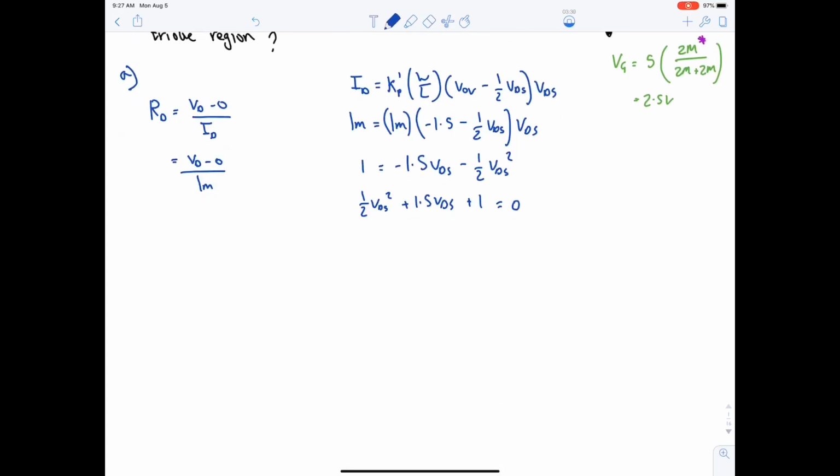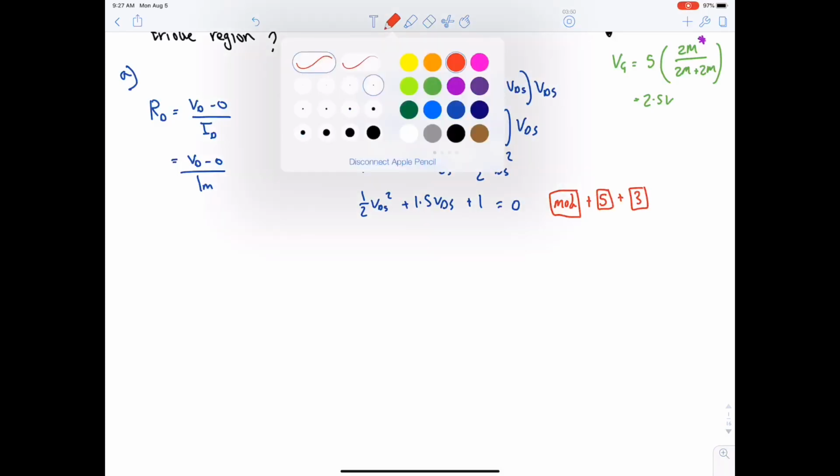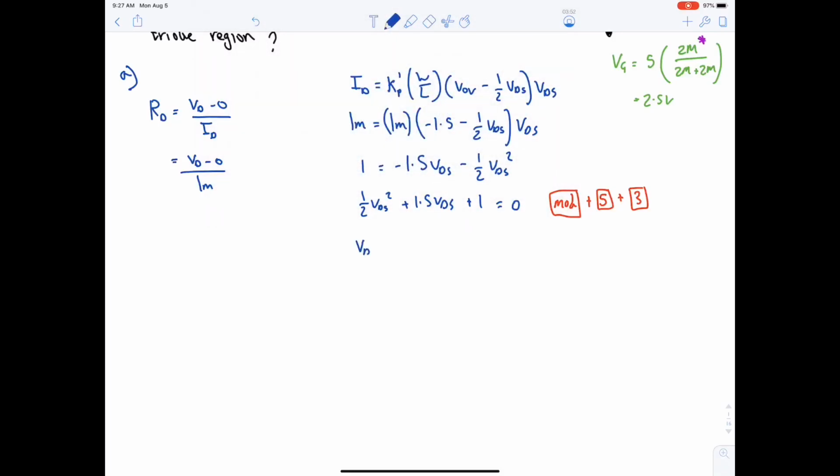After you use the calculator, if you go to mod, 5, plus 5, 3, okay, you will get two values: VDS equal to minus 1 volt and VDS equal to minus 2 volt. Now we need one answer only.